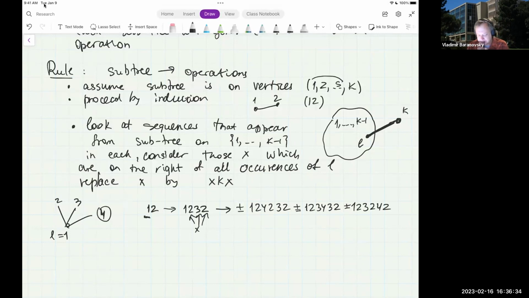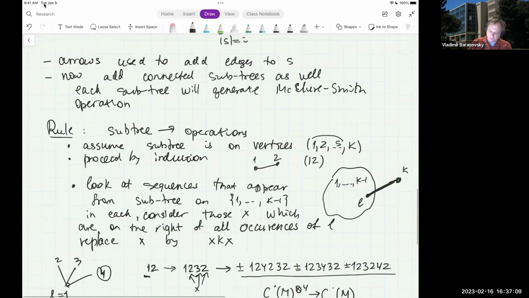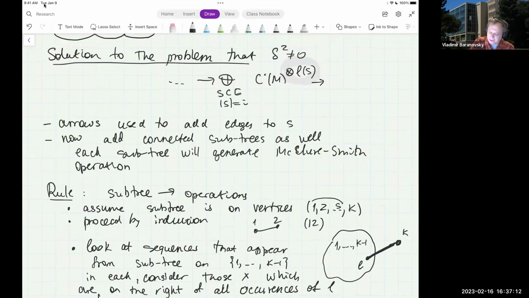So each term in that sum will give a certain operation with 4 inputs and a single output, and it will have some non-trivial homological degree. In this case, the homological degree is -2. These are the operations that you would use to correct the complex that you're trying to construct.